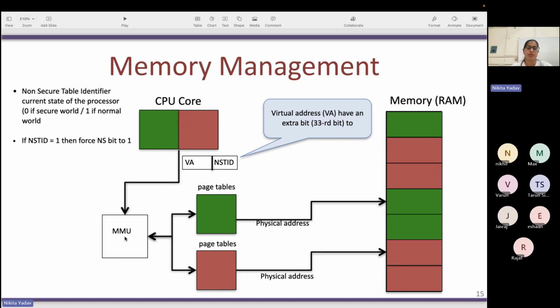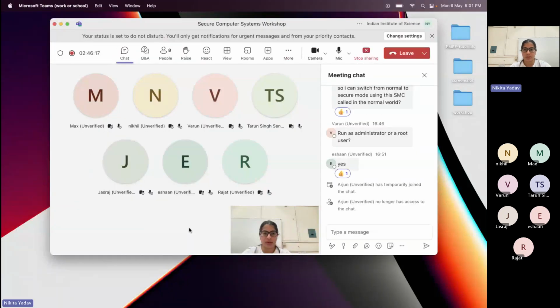So the page tables that it has to use for the address translation are the normal world page tables, which are mapping the virtual addresses to the normal world physical addresses. I hope that makes some sense. Is there any question?